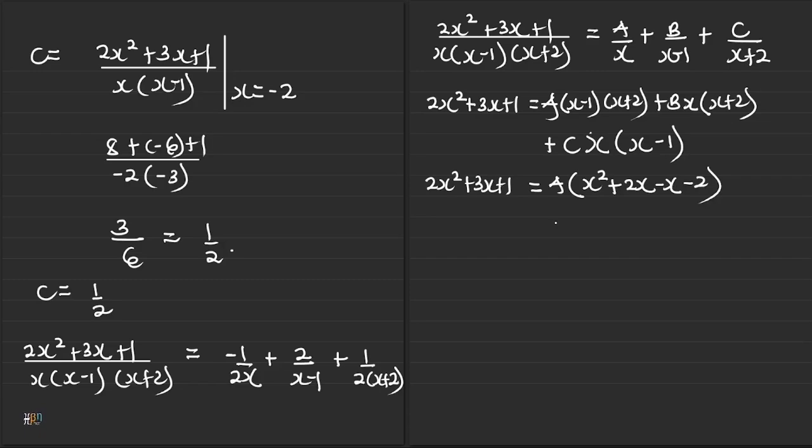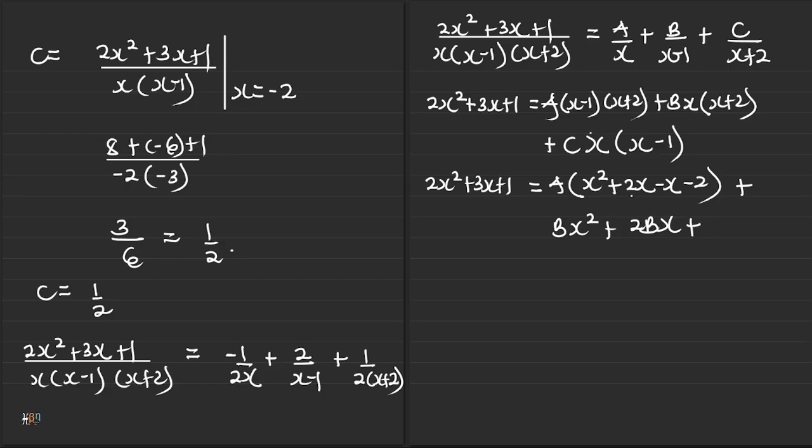That is it for the a. For the b, we just say plus bx squared and then plus 2bx. How are we getting this? Bx multiplies x to give us bx squared, and then bx multiplies 2 to also give us 2bx.